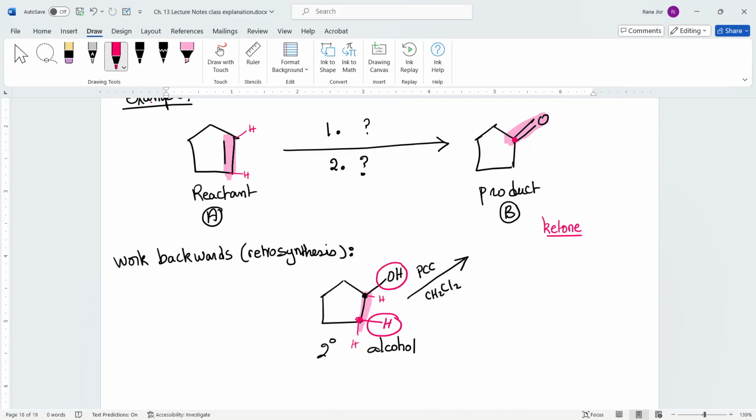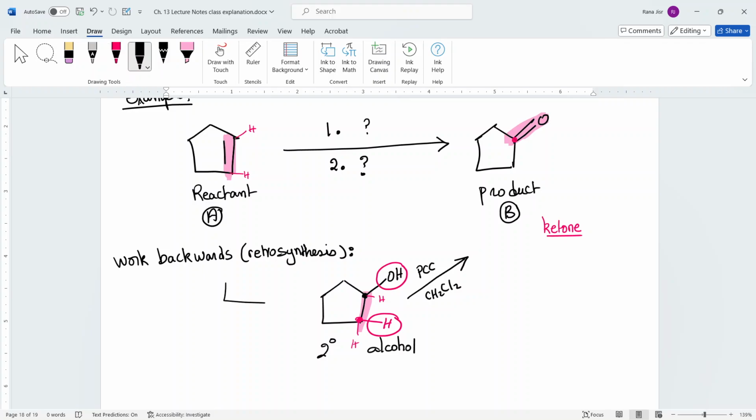So what is this reaction called? This reaction, we went over it in the alkene chapter, which is called a hydration reaction. And those two carbons are the same degree of substitution. So I can do hydration following Markovnikov. Hydrogen adds to the less substituted, OH adds to the most substituted carbon.